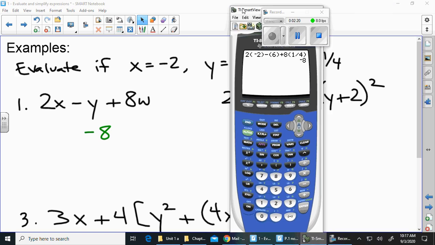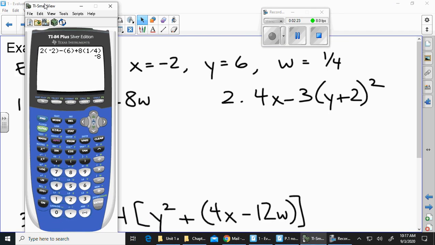Second one. We have some parentheses in it, so we need to add extra and still have the ones that are there. So I would put 4 parentheses, -2, minus 3 parentheses, which is for the one that's there, parentheses 6 for my y, then plus 2 parentheses, and then square that outside.